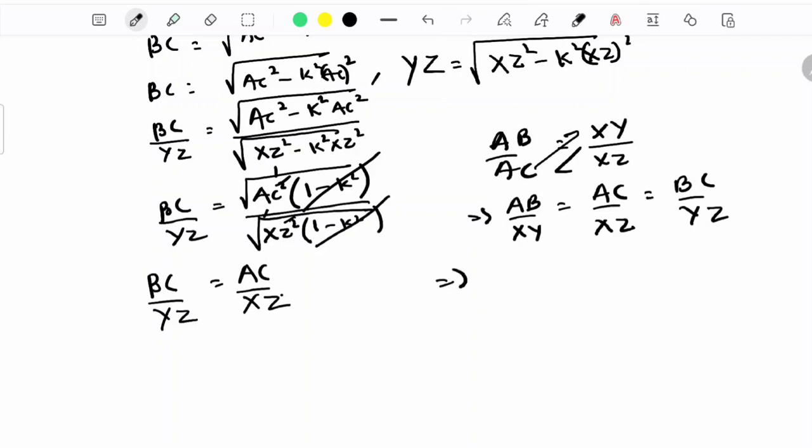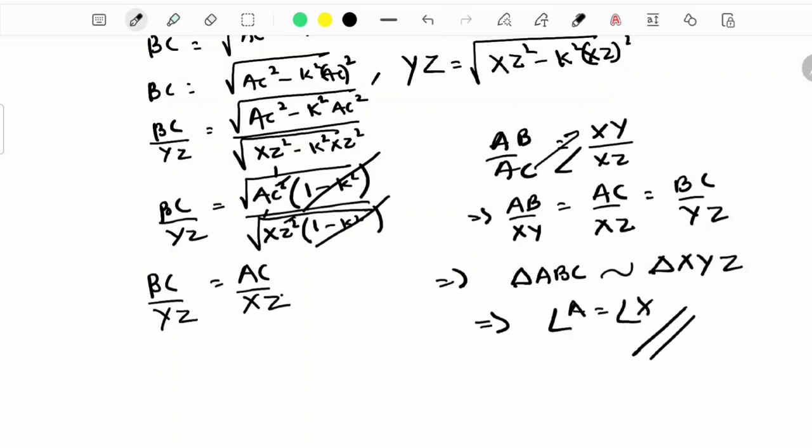That implies triangle ABC is similar to triangle XYZ. So with this I can say that angle A is equal to angle X. Hence it is proved.